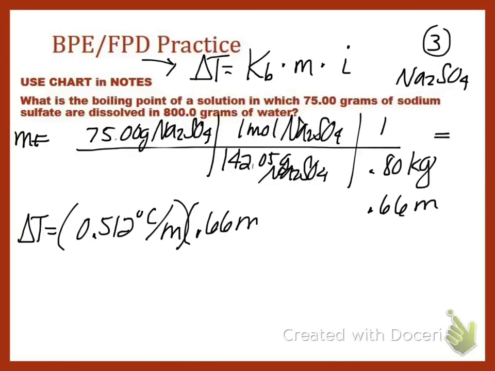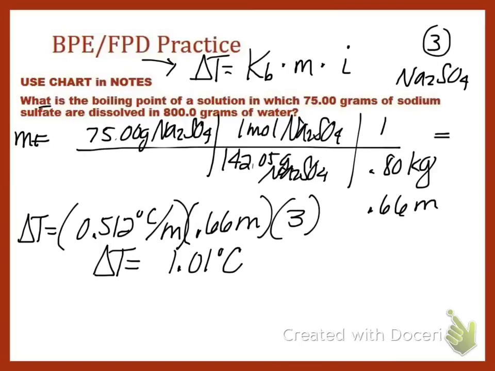0.66 molal and 3 particles. So when I calculate that, I get delta T is 1.01. Now, is that the boiling point of the solution? No, it's just the change. What is the boiling point of water all by its lonesome?